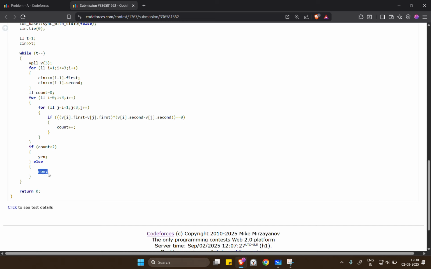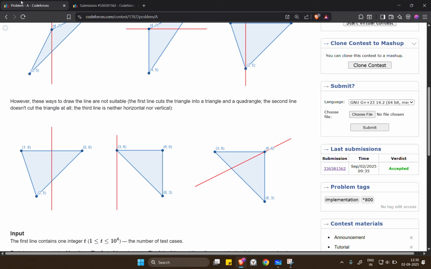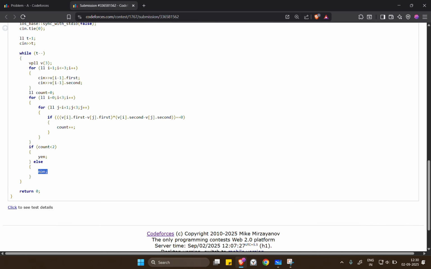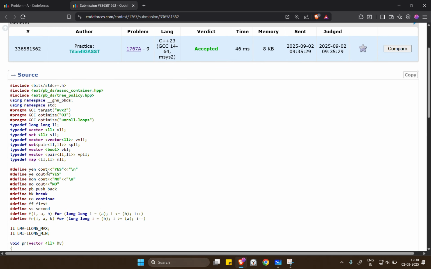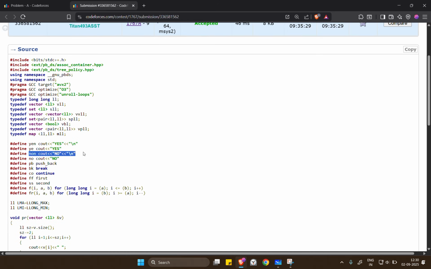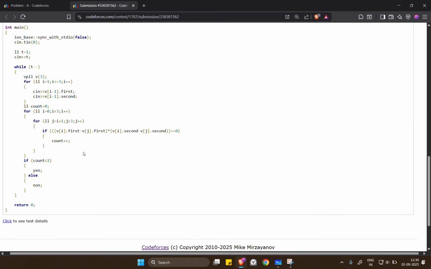If count is greater than or equal to 2, it will be 2, it won't be greater than 2, because the given input triangle is also non-degenerate. In that case we output no. Here n and non are some defines: n outputs yes and a newline, and non outputs no and a newline.